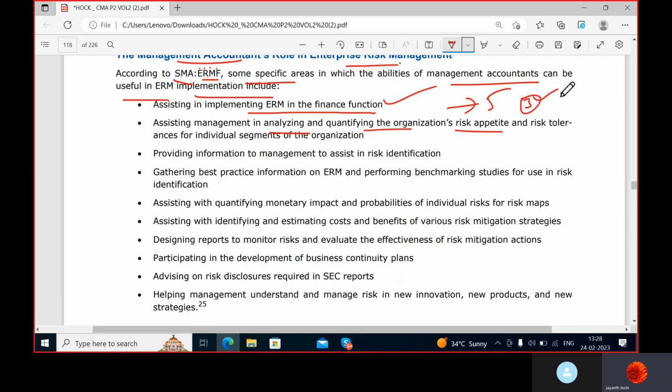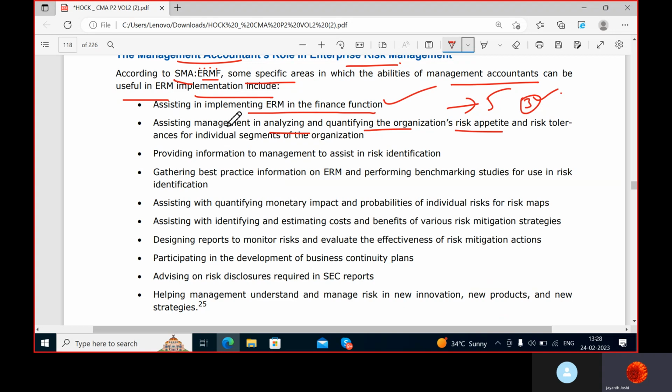So capacity is different and tolerance is different. The capacity is what you are capable of, but tolerance will change with the scenario. So they'll understand the risk appetite and risk tolerance level of the organization or individual segments of the organization. Management accountants assist the risk management department or ERM in all this.